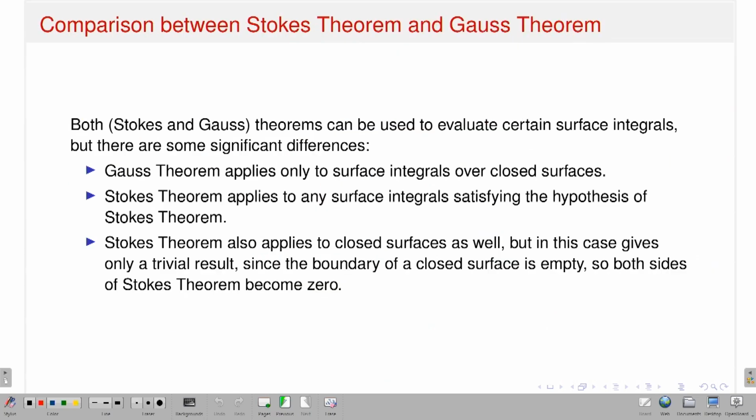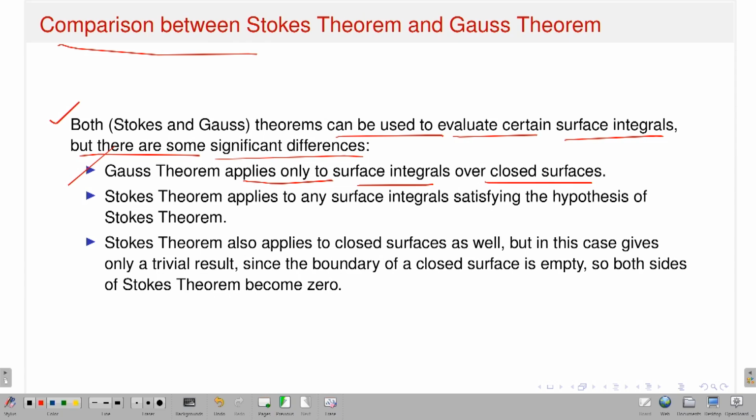Okay. A couple of comparisons I should make between Stokes theorem and Gauss theorem. Both Stokes theorem and the Gauss divergence theorem can be used to evaluate certain surface integrals, but there are some significant differences. Number 1, the Gauss divergence theorem applies only to surface integrals over closed surfaces.